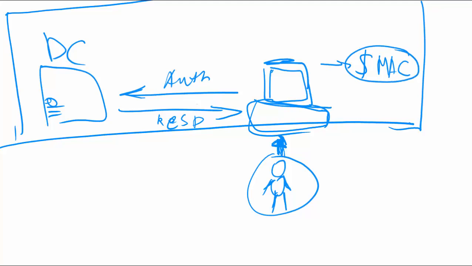So during the startup, the computer will read the current machine account password from our LSA secrets and will perform the authentication. And a copy of that password is stored on the domain controller.